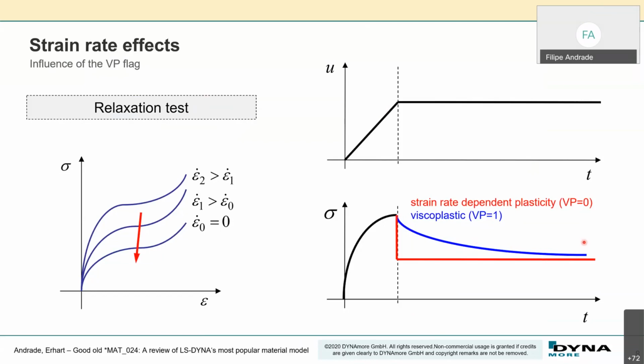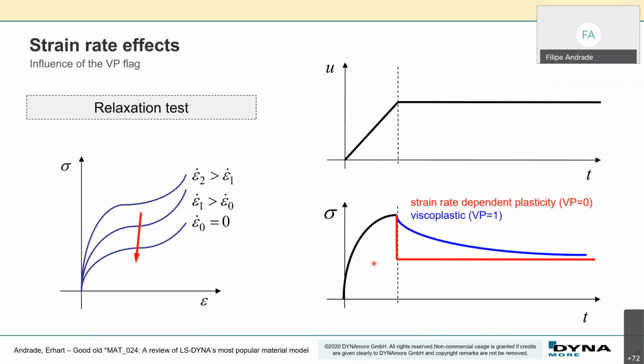But because of the filtering of the strain rate, I'm also not sure that it will happen abruptly like in that case. This is something I still have to test at some point. But I cannot believe that you're going to have the same viscoplastic relaxation as in VP1. So VP1 is, in essence, closer to the physical phenomenon that we want to simulate here.